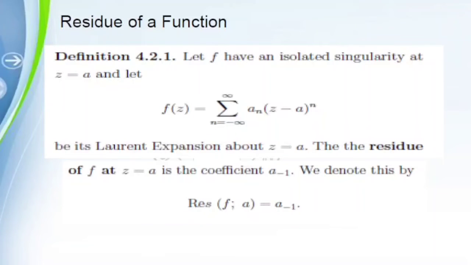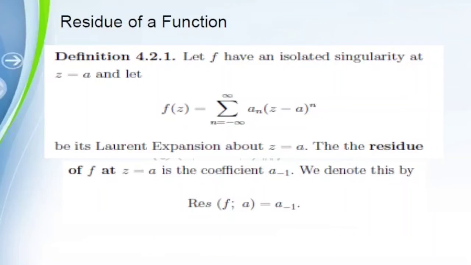Residue of a function. When do we say a function has a residue, and what is the residue of that function? Let f have an isolated singularity at z equal to a, and f is of the form sigma n from minus infinity to infinity, a n into z minus a raised to n. When we expand f of z in a series, we will have a Laurent expansion with a principal part, a Laurent part and a singular part.